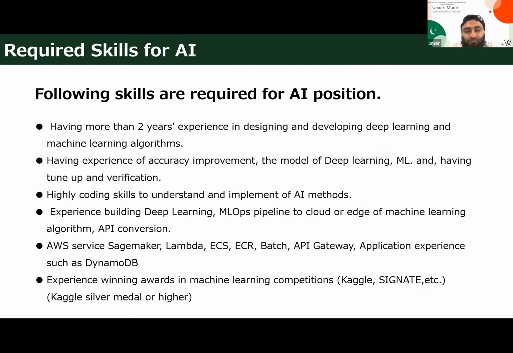Okay, so for the AI position, around 2 to 3 years of experience is required. The candidates should have experience in designing and developing deep learning or machine learning algorithms, and in improving the accuracy of deep learning and machine learning models, including tuning and verification, and have coding skills in Python to understand the algorithms of AI or data science or implement those algorithms.